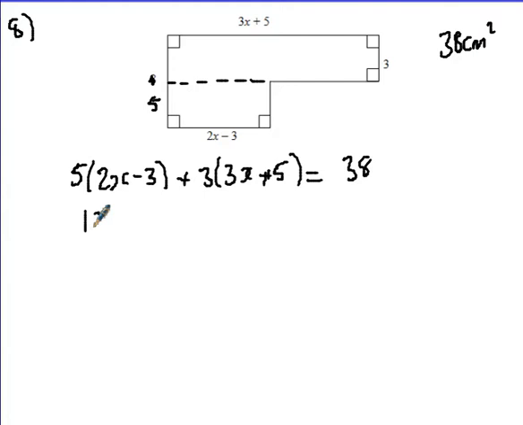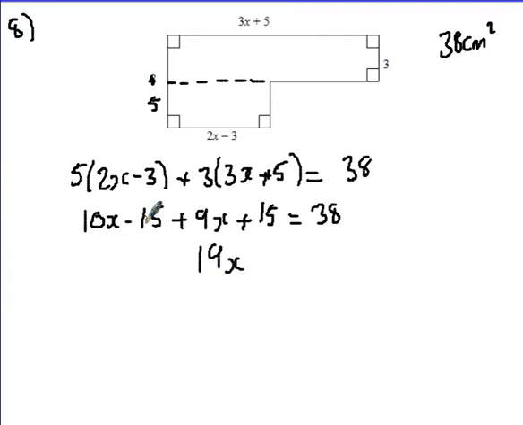So times out the bracket, it's 10x minus 15. 3 times 3x is 9x. 3 times 5 is 15. Add your 10x and your 9x, that gives you 19x. The 15s cancel, so that leaves you with 38. Divide by 19, so then gives you 2. So x then is 2.